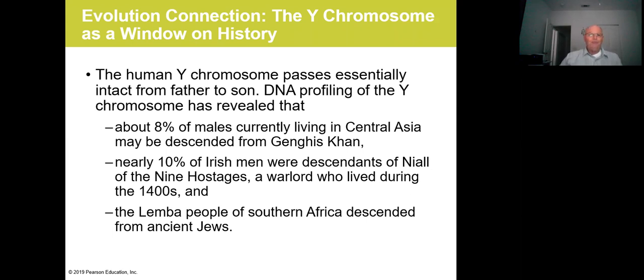So it's possible that if people were to do a similar sort of analysis, they may discover small populations of individuals who are related to Jews as a consequence. All of this can be determined by looking at DNA information.